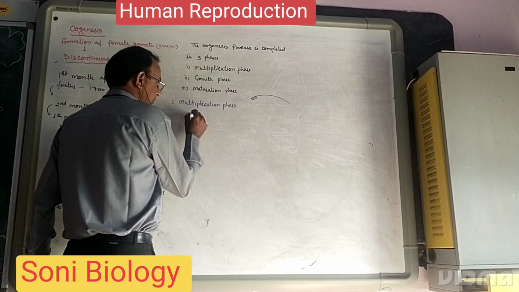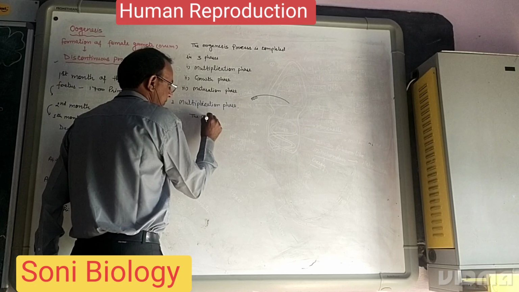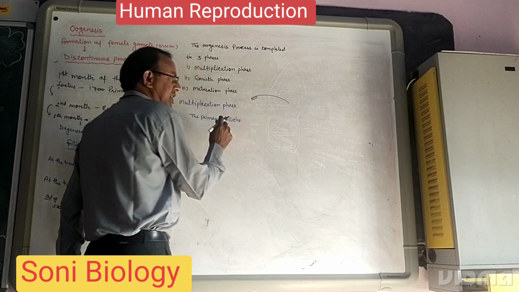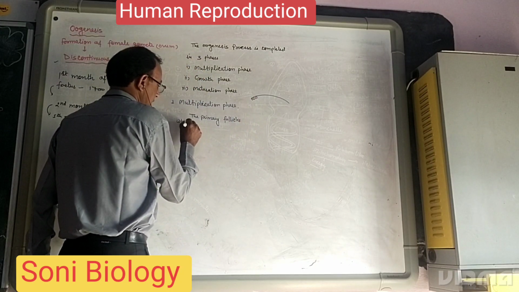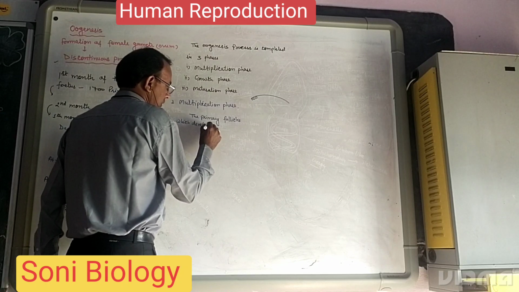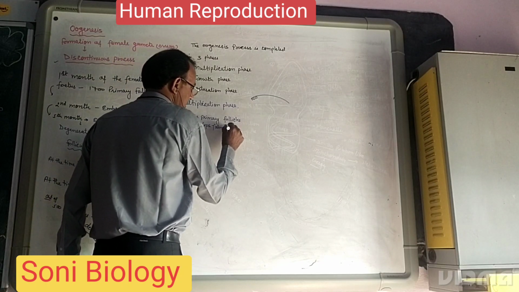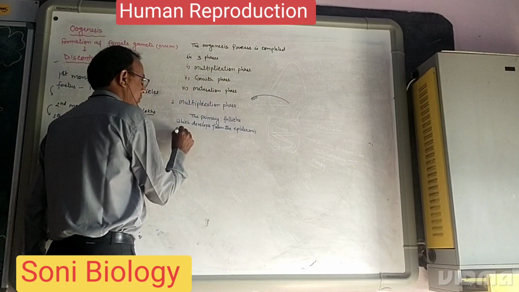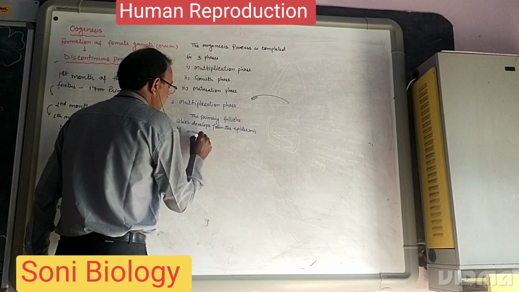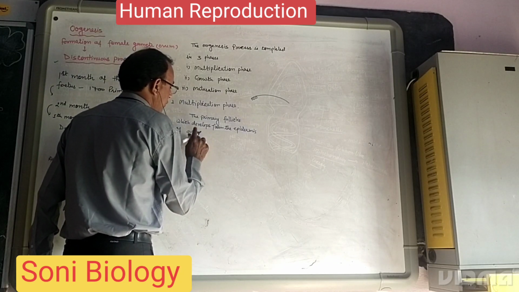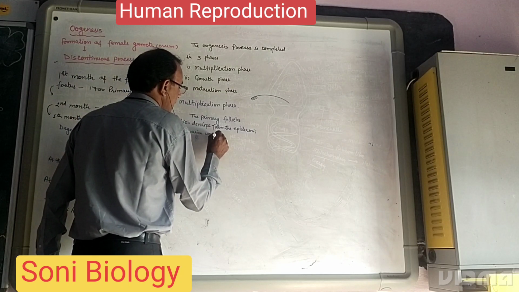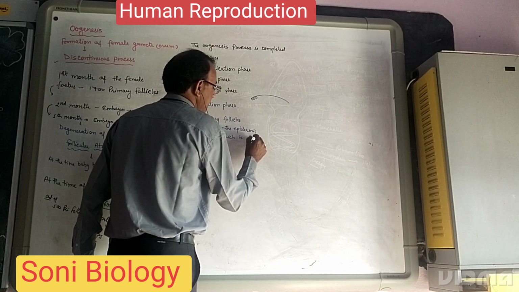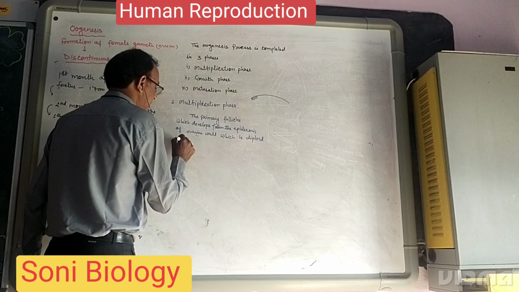The primary follicles develop from the epidermis of the ovarian wall, which is a diploid cell.